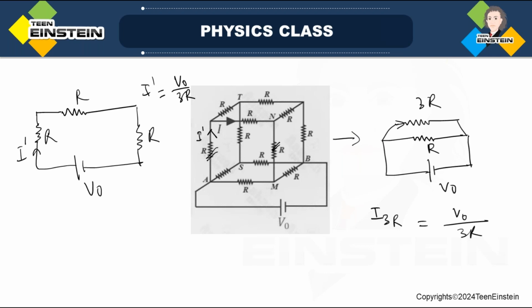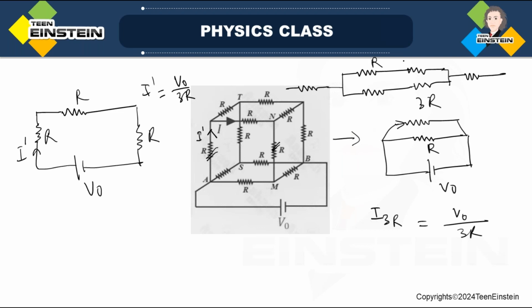Now I can keep this circuit like this also, right? Instead of taking this, I can keep one resistor here, another resistor here.